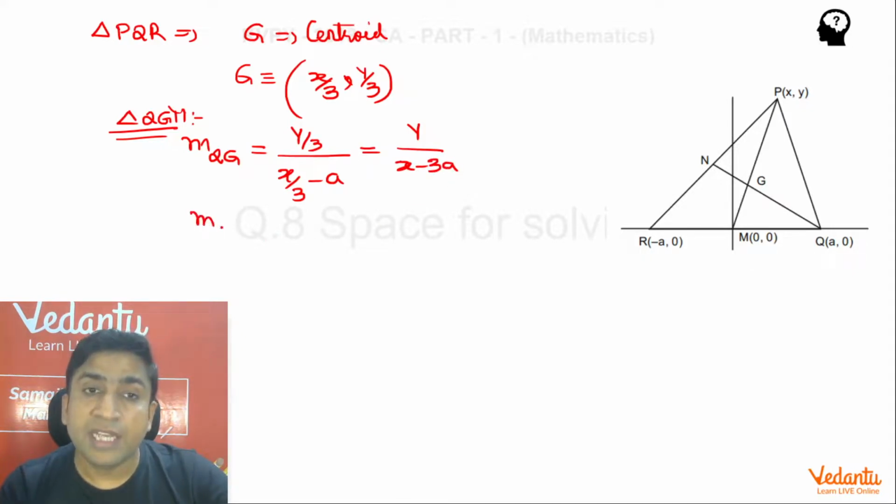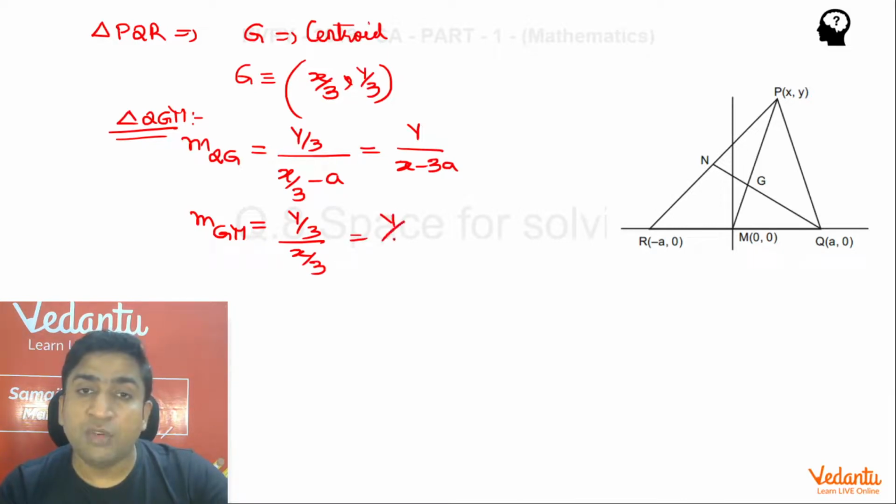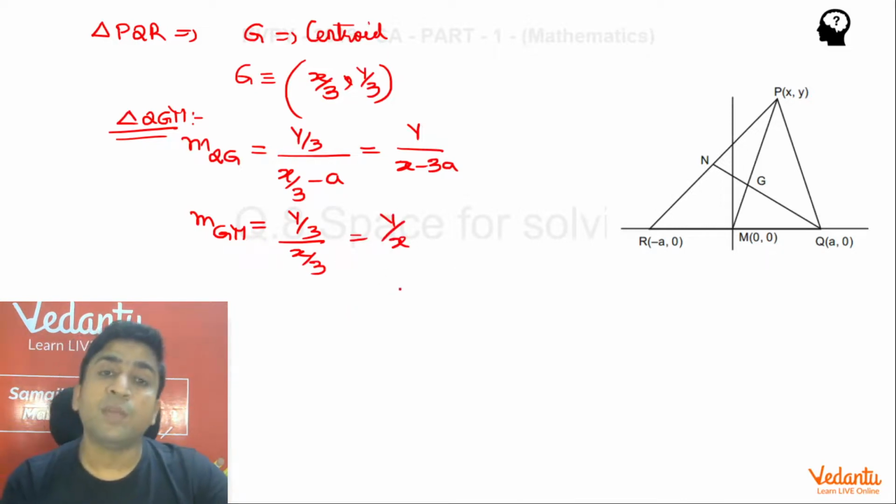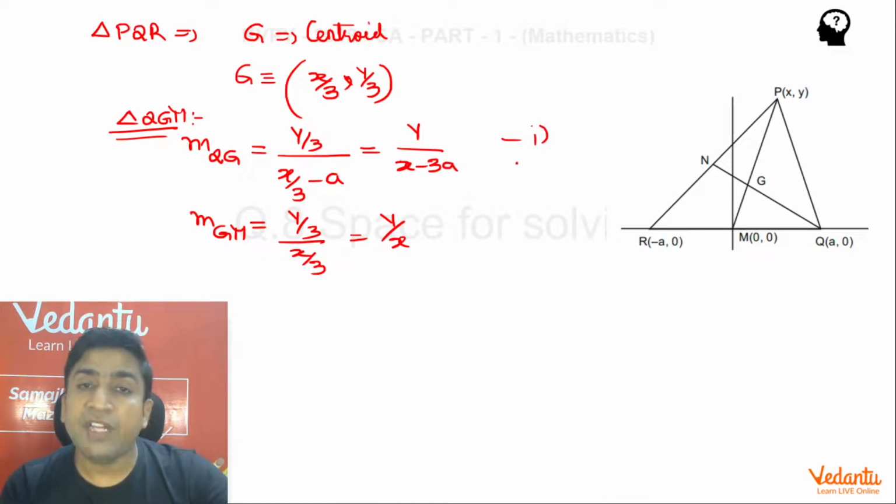Similarly, I can find out the slope of the GM side. Again I'll apply the two-point form, and this time the answer is going to be y upon 3 over x by 3. On simplifying, guys, it is going to give me the value of y upon x. Now I have relation 1, that is the slope of the QG line, and relation 2, that is the slope of the GM line.